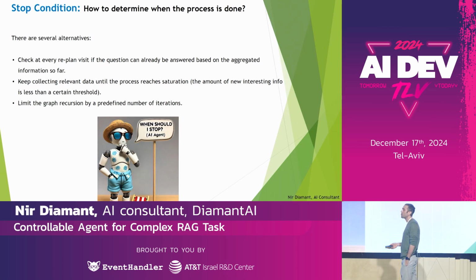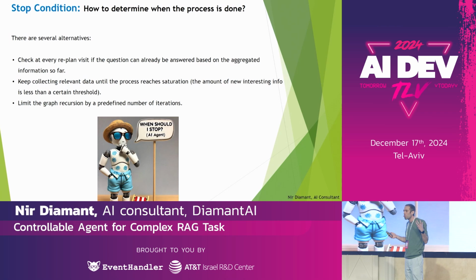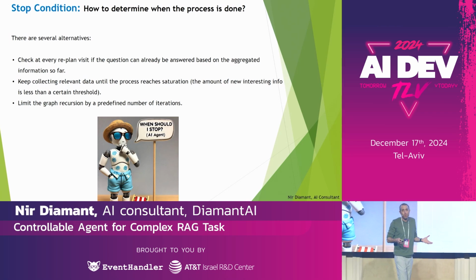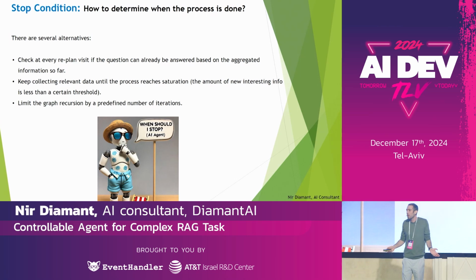For, let's say, after 100 visits on different nodes, we can say, okay, probably either we can't get any more interesting information or we cannot answer the question. I could have asked this agent, based on the first book of Harry Potter, a question about the second book of Harry Potter, and I wanted it not to get the right answer. So after 500 iterations, I say, okay, you just cannot solve it.